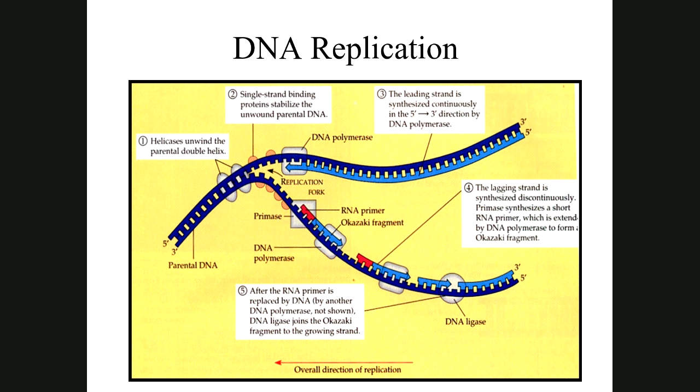Look at number 5. After the RNA primer is replaced by DNA, so it's knocked off and DNA will replace it. Keep reading. DNA ligase joins the Okazaki fragments to the growing strand. Ligase can fill in the missing bases. And so it'll join the far right one, which we'll call number 1, to number 2, the next one to the left.